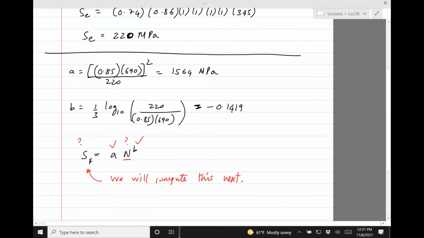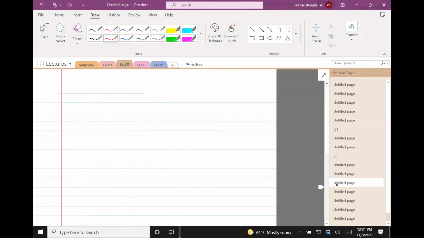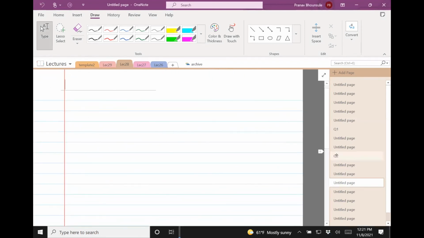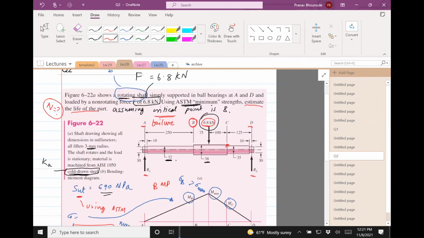In this problem, the specimen is loaded as a simply supported beam loaded by a force, right? If we look at that figure, I'm going to redraw it with a force of 6.8 kilonewtons at a distance of 250 plus 75. That's 325 from the left, and then 225 from the right.